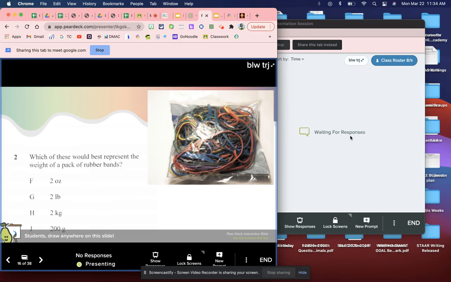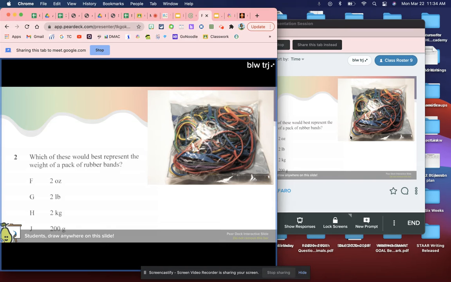How about 1 bag of the pack of rubber bands? How would we measure 1 pack of rubber bands? 2 ounces? 2 pounds? 2 kilograms?